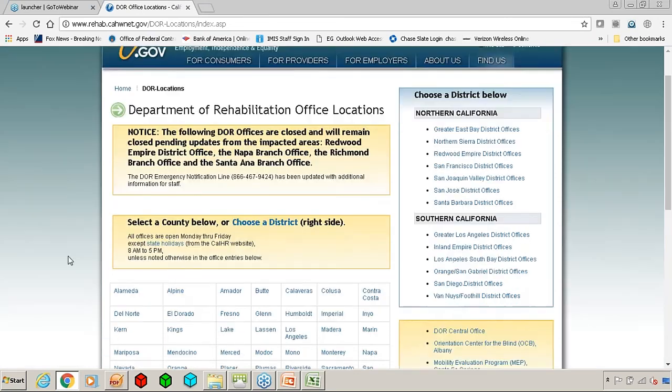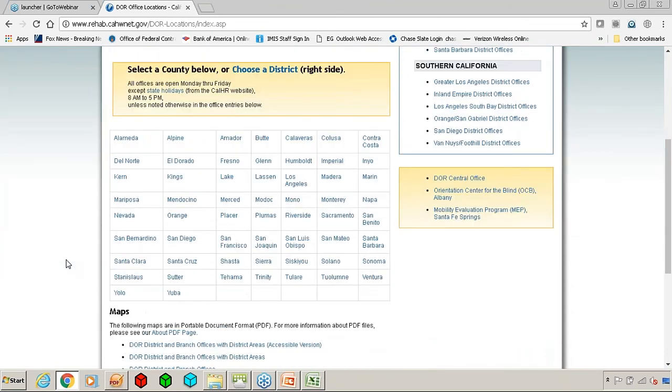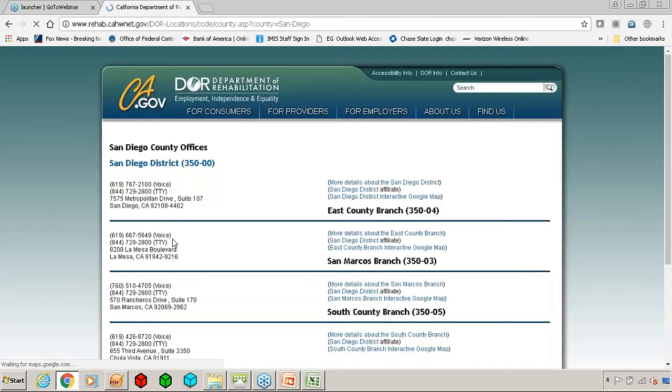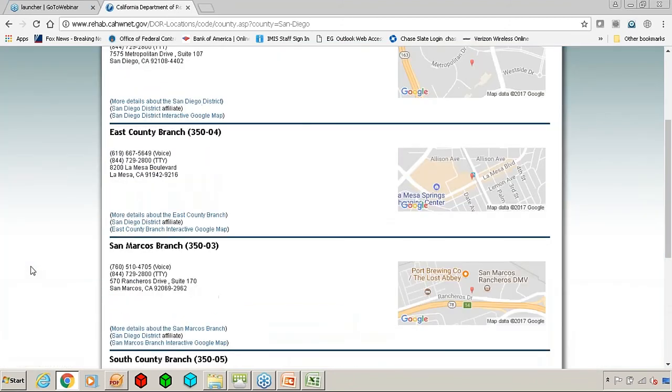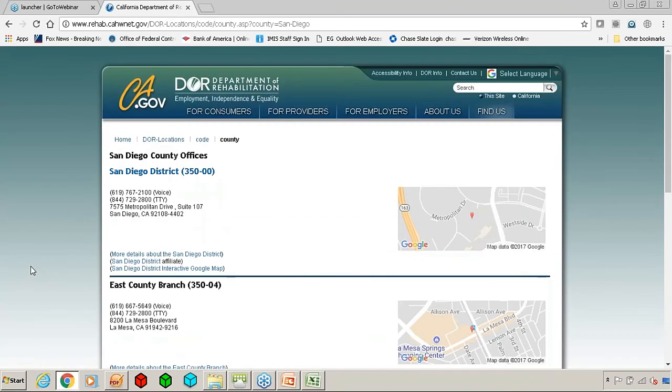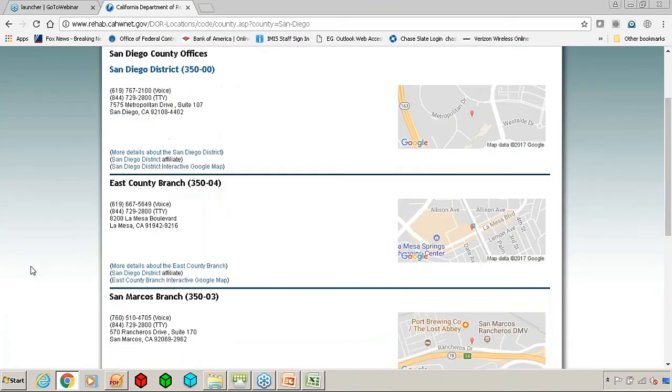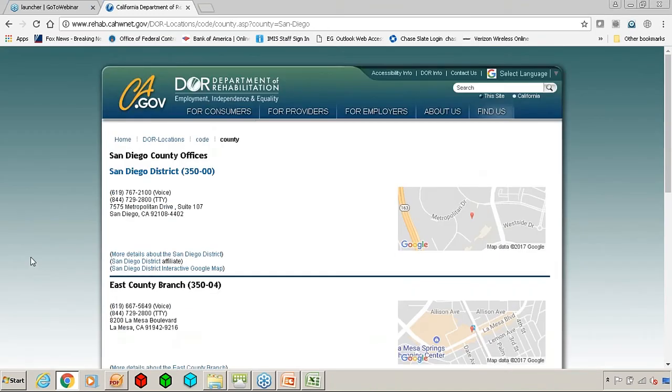So it looks like there are some offices that are closed. So let's say that you're in San Diego. Go over here and we hit on the district for San Diego, and it gives the branch offices. Now these may not post jobs, but I think they can tell you of companies where you can post jobs that will help you with recruiting for individuals with disabilities.